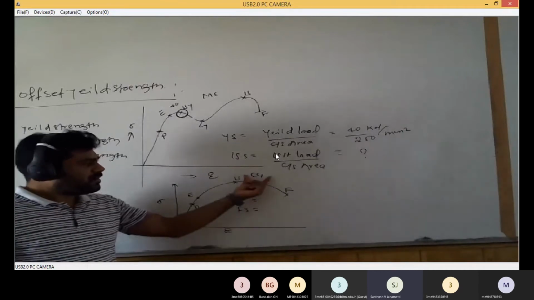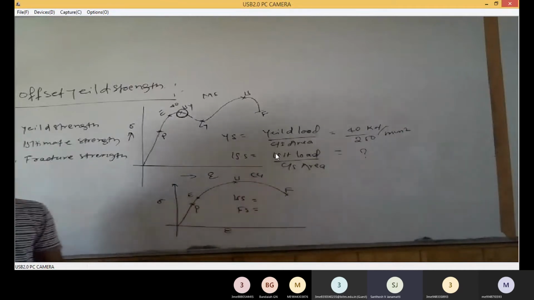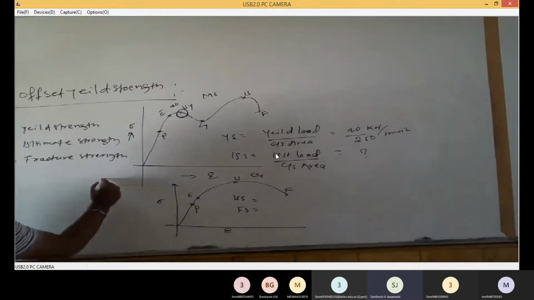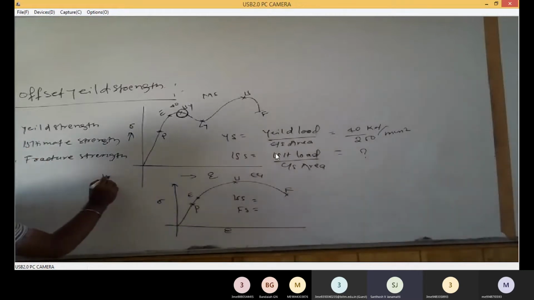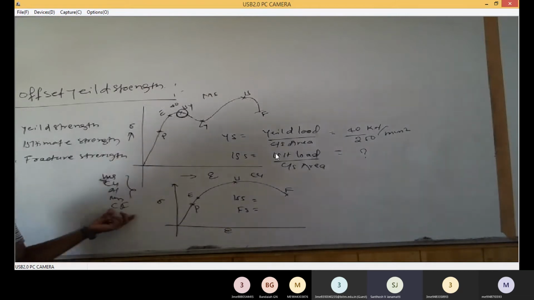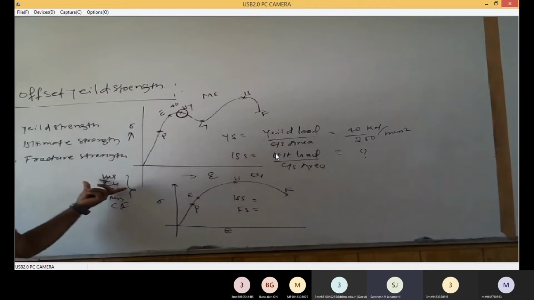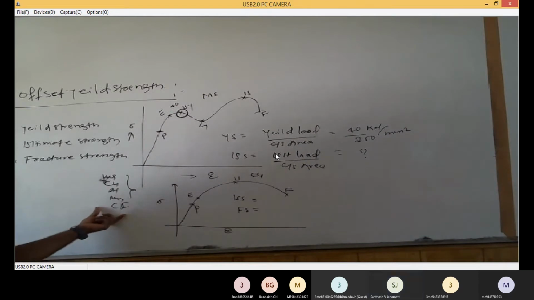Yes, definitely, each and every material has a yield point. You can take copper, mild steel, aluminum, magnesium, cast iron, any kind of engineering material.